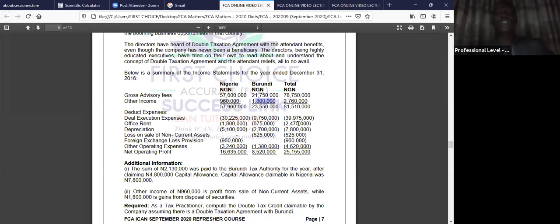So these are not operational expenses. These are capital income, and capital income is not operational income. So this one will also be deducted, and so give or take, this line will not exist in the new account.